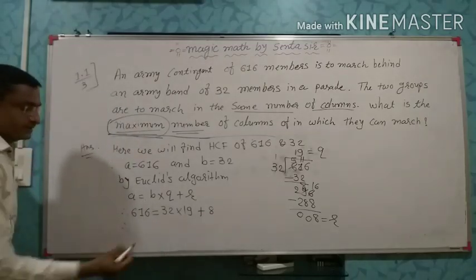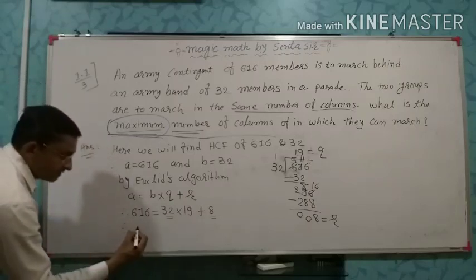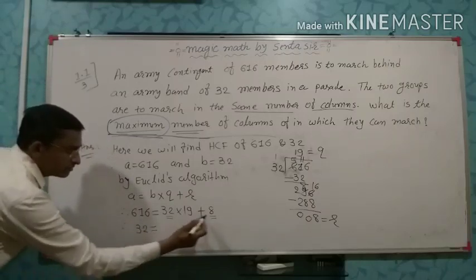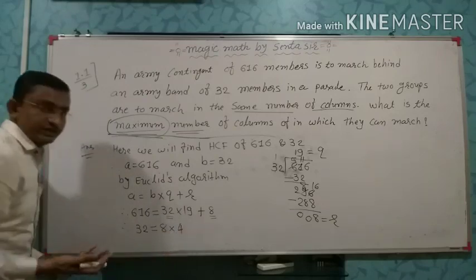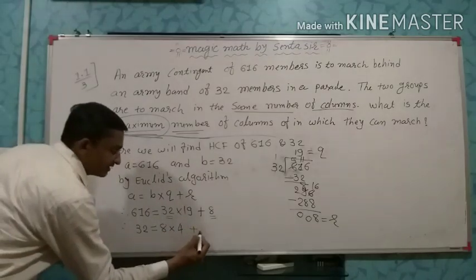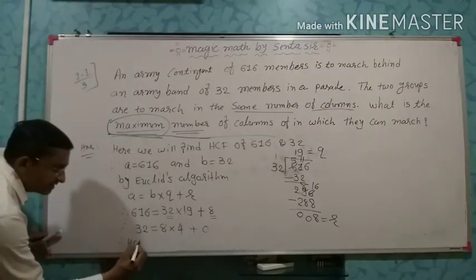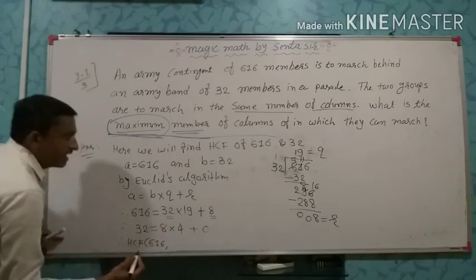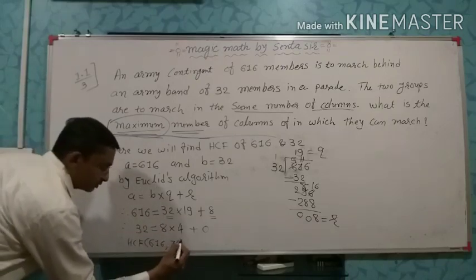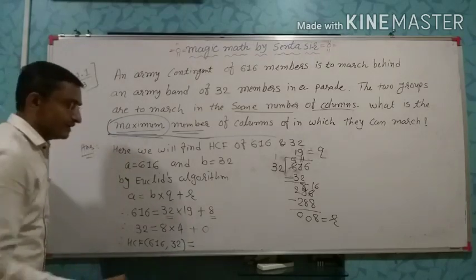Now we take second number and fourth number in next step. 32 is equal to 8. 8 fours are 32. It is very easy and remainder is 0. Friends, therefore HCF of 616 and 32 is equal to the last non-zero remainder.